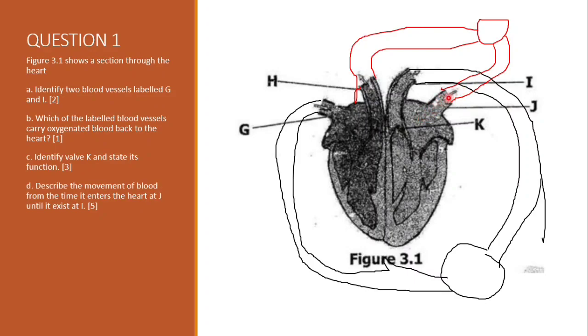And then, as blood is entering the left atrium, I will pause and then I'll repeat again. As blood is entering the left atrium, these valves will close. So as blood is entering the left atrium, what will happen to these valves?